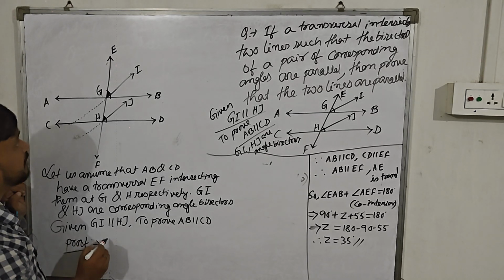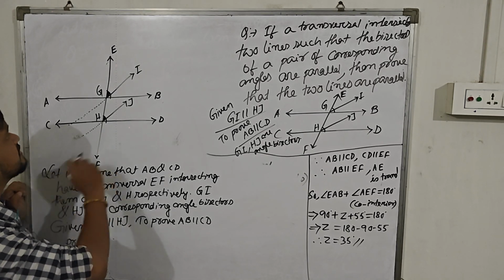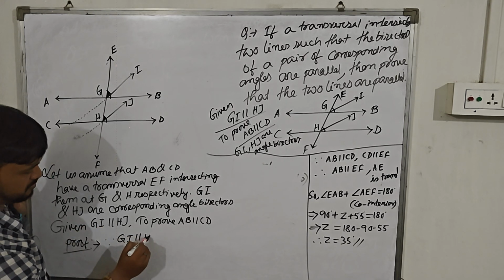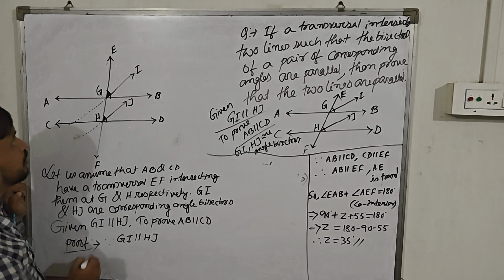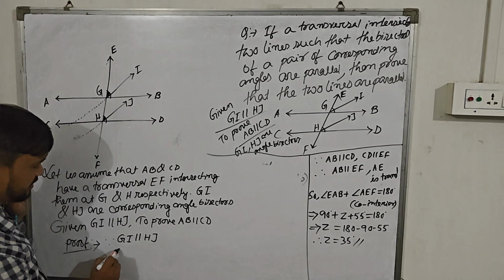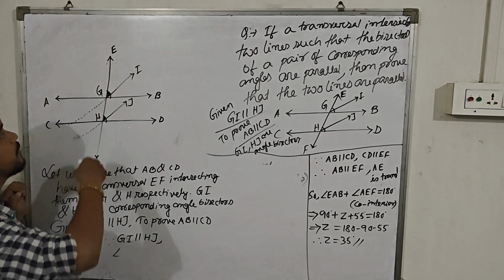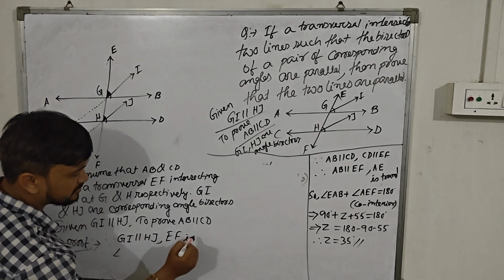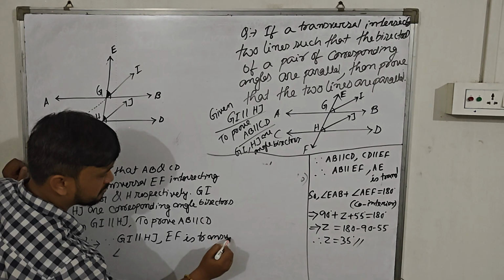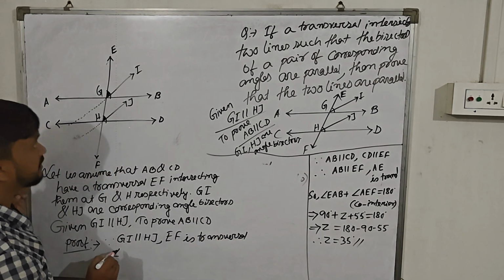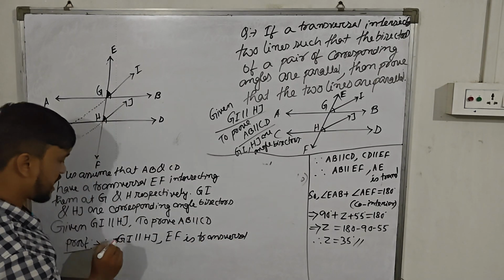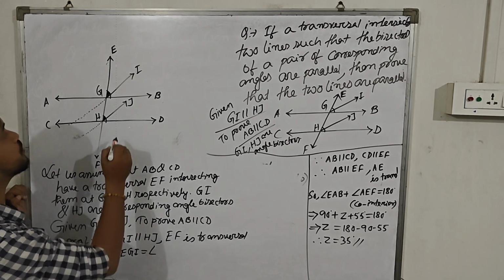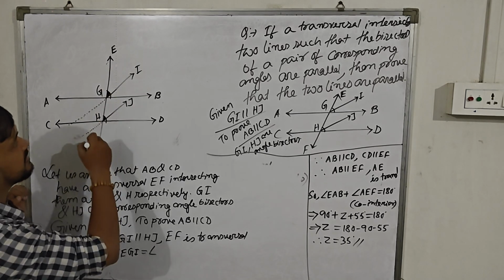So I will write, since GI parallel to HJ, and EF is the transversal, therefore angle EGI equal to angle GHJ.